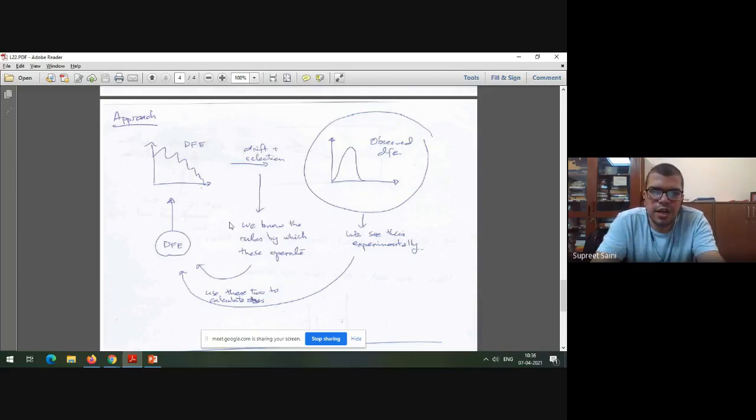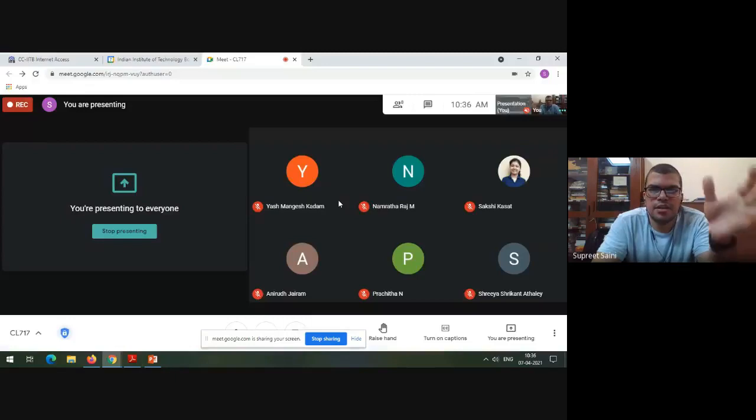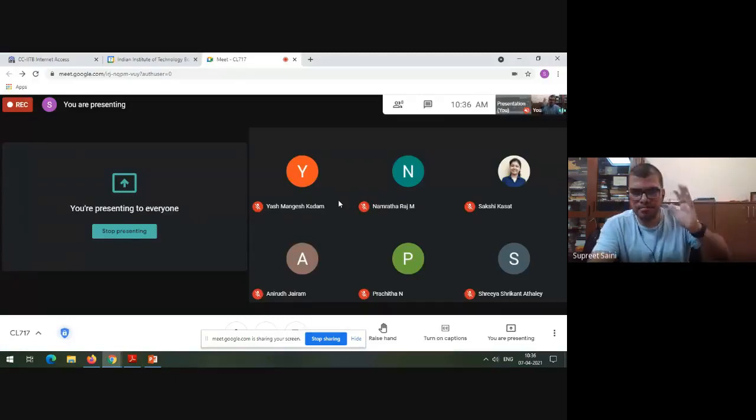Right? So I know the rules, I know this experimentally. I want to use these two pieces of information to back-calculate what the DFE would have been which gave me this particular manifestation. Does that at some level make sense? I'll go into the details in a bit, but does that make sense?